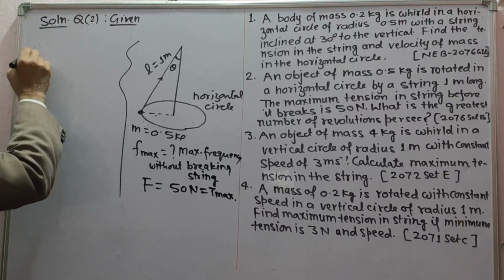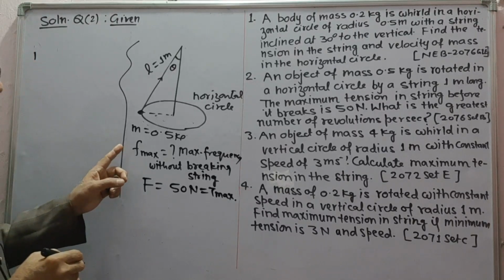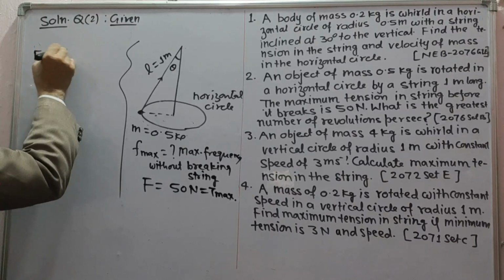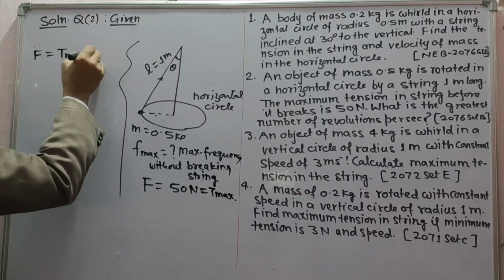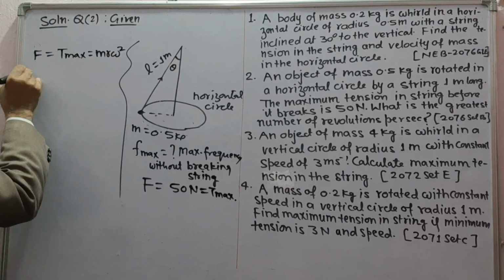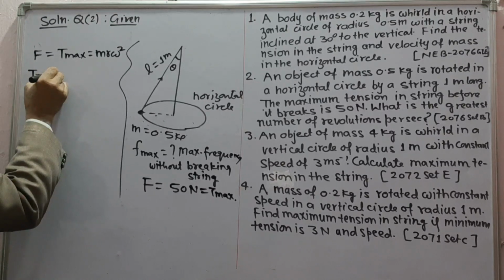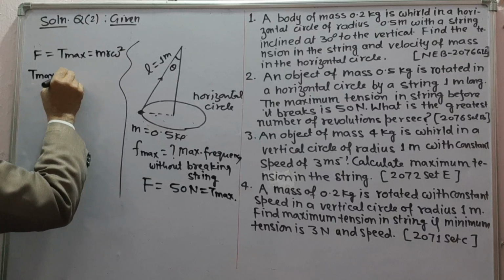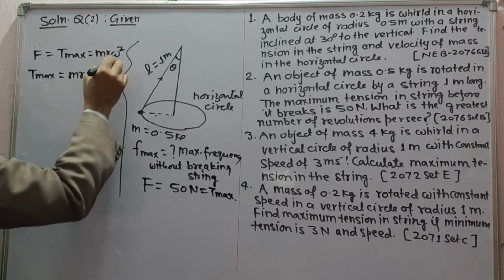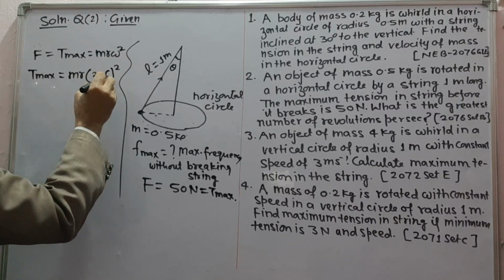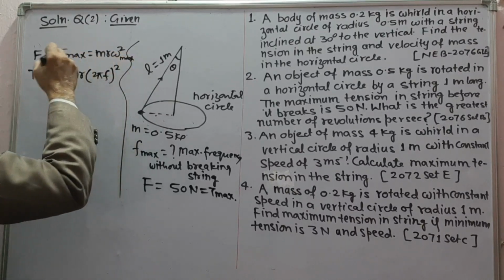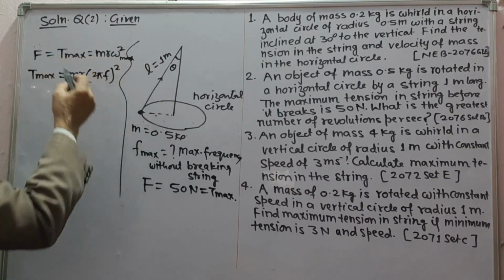Now F will be equal to T max is equal to mr omega square. T max will be equal to mr into 2 pi f square, omega maximum square, because omega will be maximum when T is maximum.